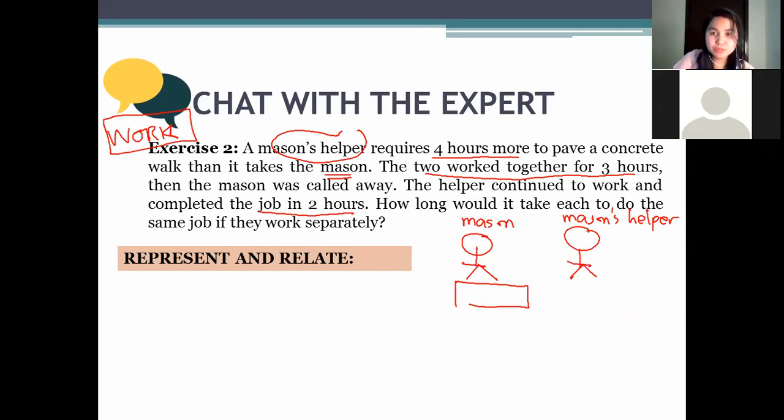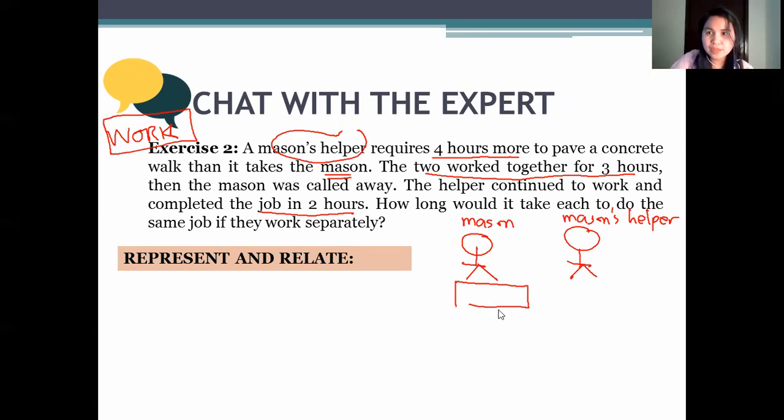So, wait first. Not that. The 2 worked together for 3 hours and the mason was called away. How long did the mason work? We don't know, right? Remember? We don't know how long the mason worked alone.